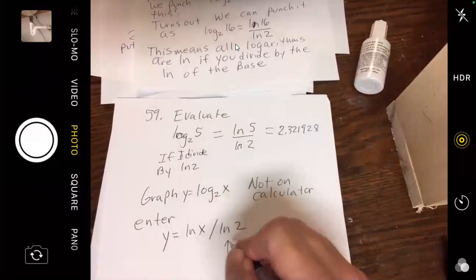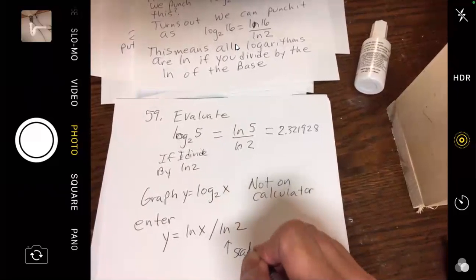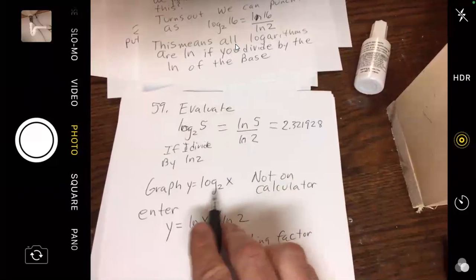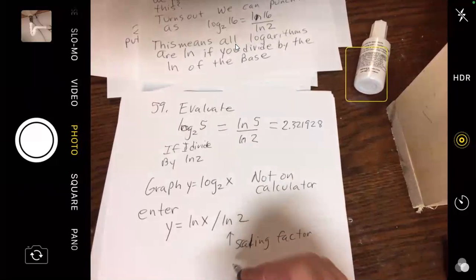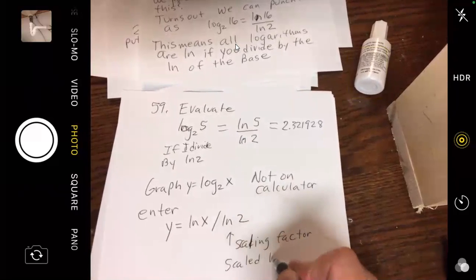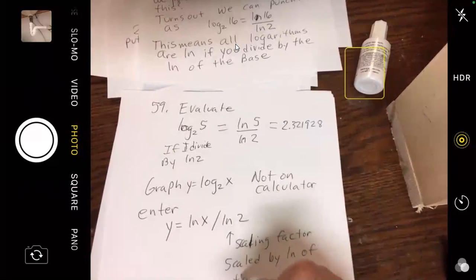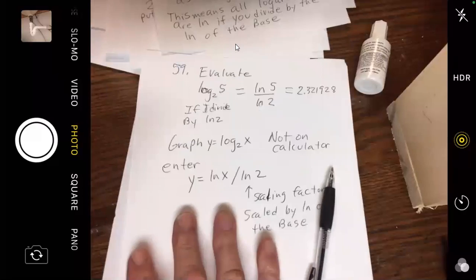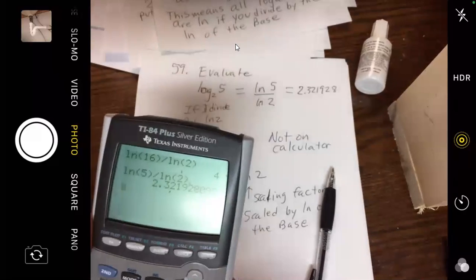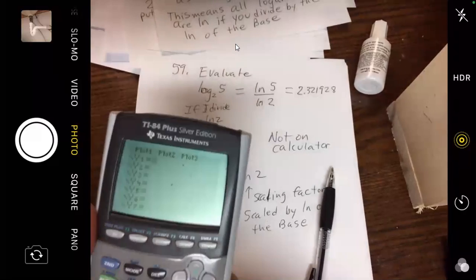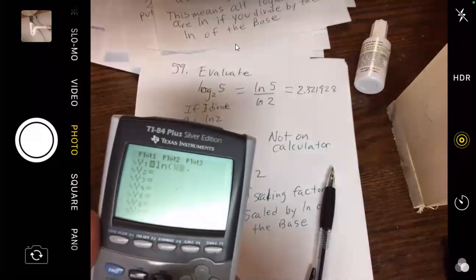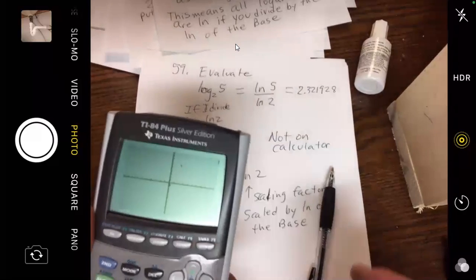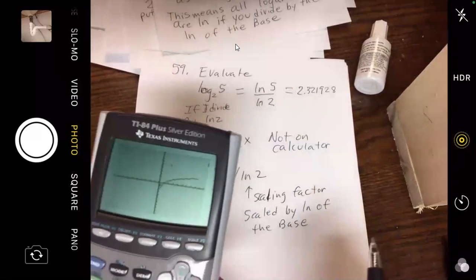Think of this like a scaling factor. So it graphs basically exactly like an ln, but it's scaled by ln of the base. When I enter log base 2, I go ln of x divided by ln of 2, and it looks pretty much exactly like your straight ln of x.